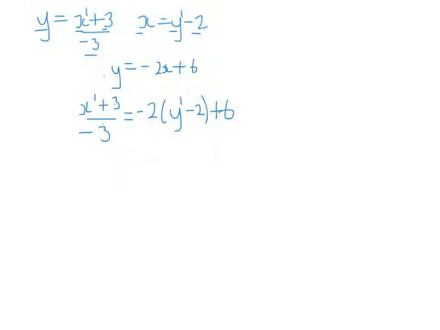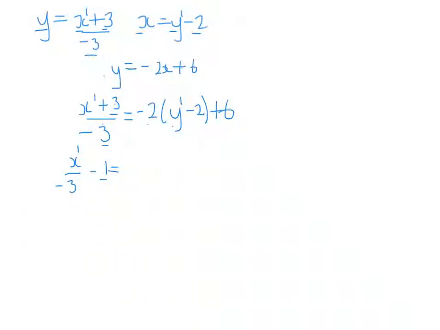Now let's see, what I'll do is expand this so I get everything over negative 3, and 3 divided by negative 3 is negative 1.